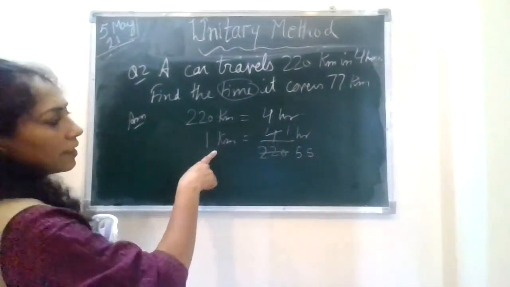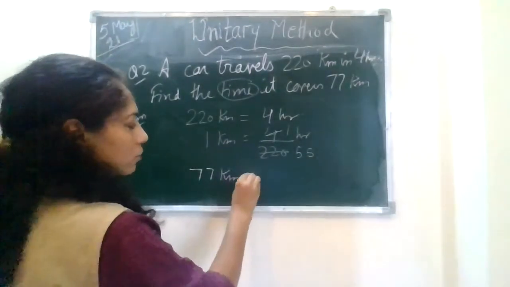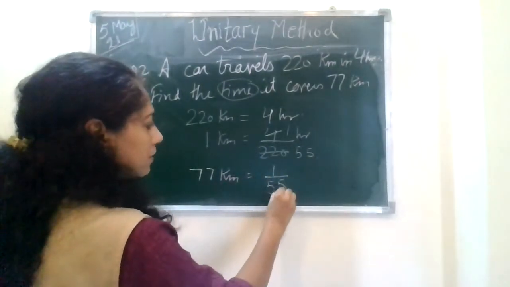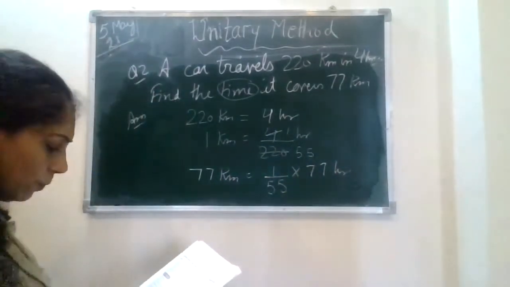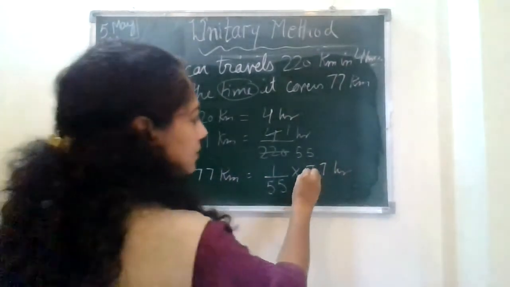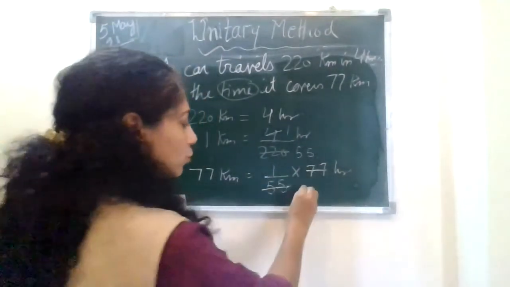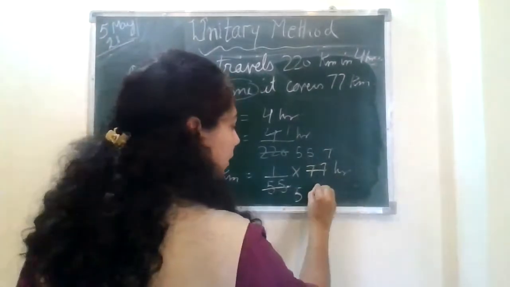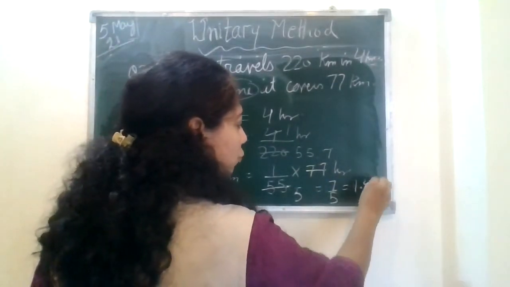Now it is increased to 77 kilometers. So this is 1 upon 55 hours into 77. Both of these, the common factor is 11. So this is 5, this is 7. We get 7 upon 5, which in decimal form is 1.4 hours.